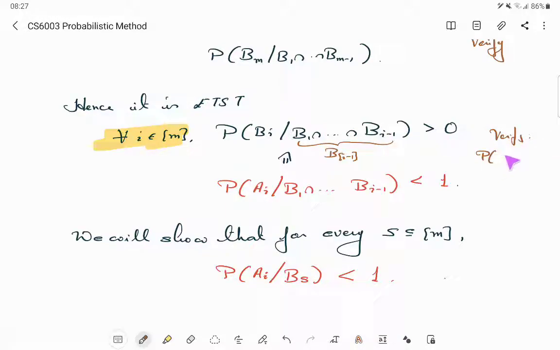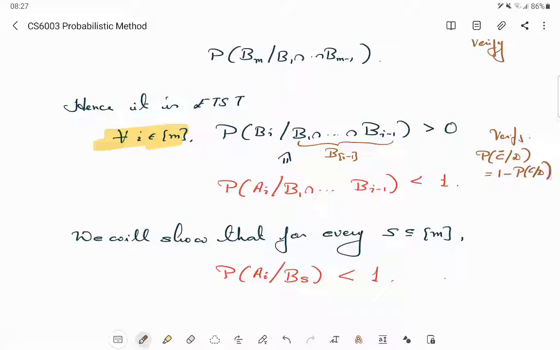What we are saying is that P of C complement given D is 1 minus P of C given D.